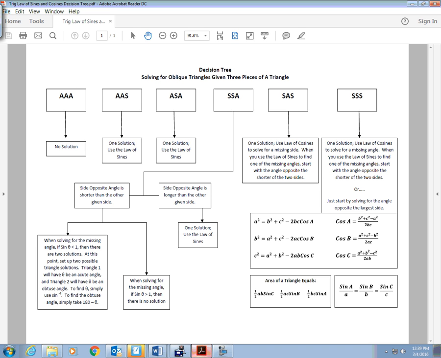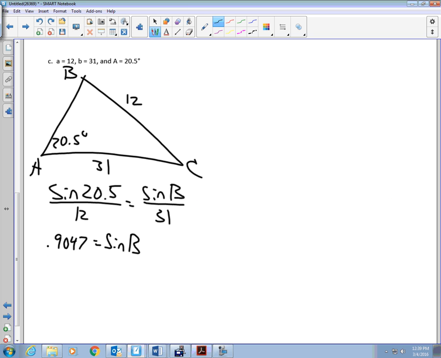So at this point, set up two possible triangle solutions. That's what I do. Triangle 1, triangle 2. A, B, C, little a, little b, little c.